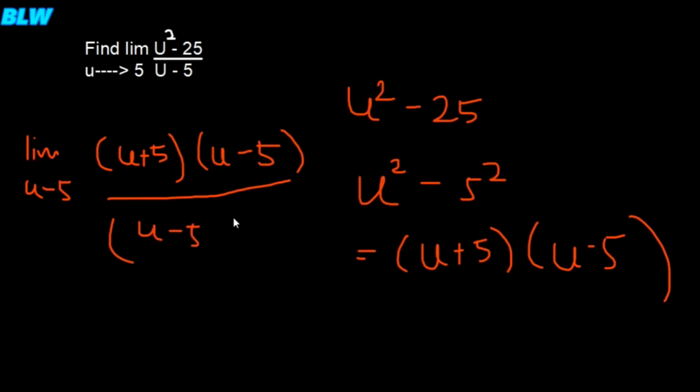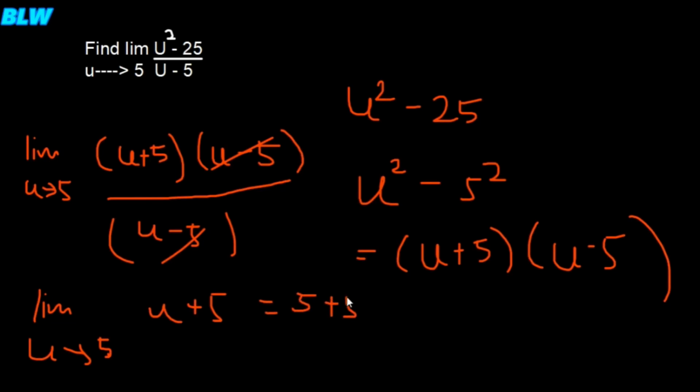Now I can cancel out the u minus 5, and I have my limit as u approaches 5 to be u plus 5, which is equal to 5 plus 5, and then I have 10. So this will be my limit. This is how to solve such questions. Now let's move on to the next question.